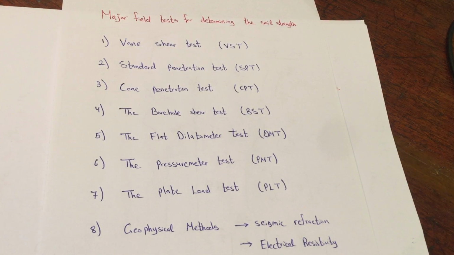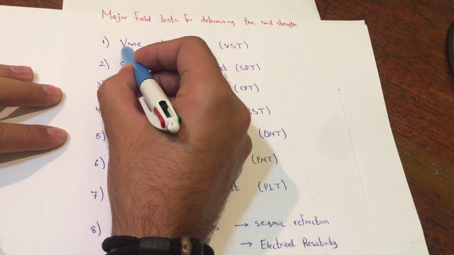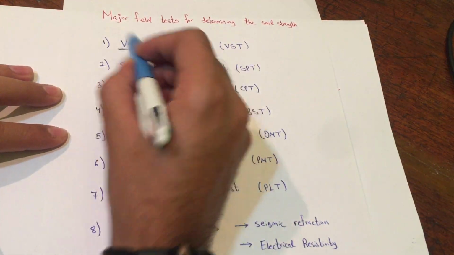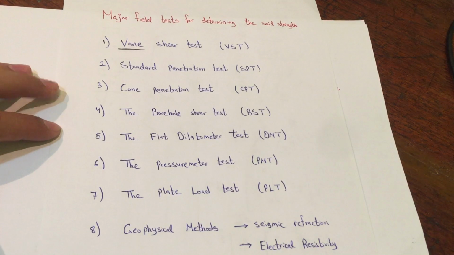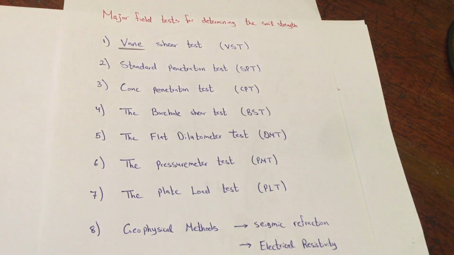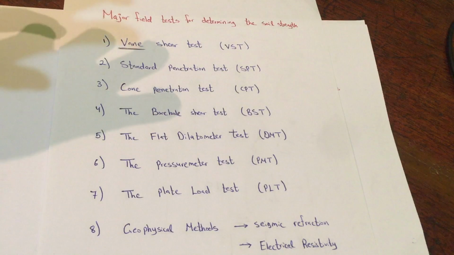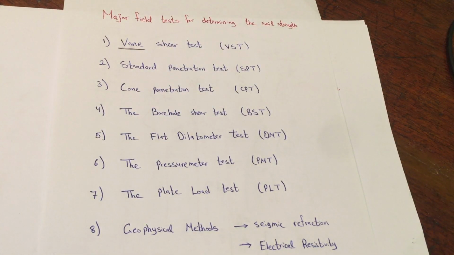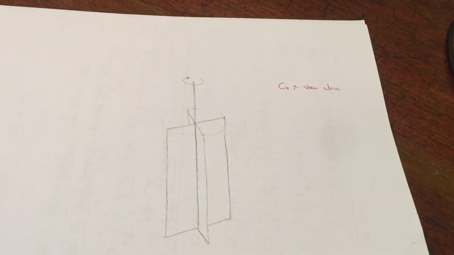Okay, when we look at the word vane in Google and search it, we'll find that the definition is a broad blade attached to a rotary axis. So the name came from the instrument or the equipment itself. When we look at the equipment, it shows in this way.